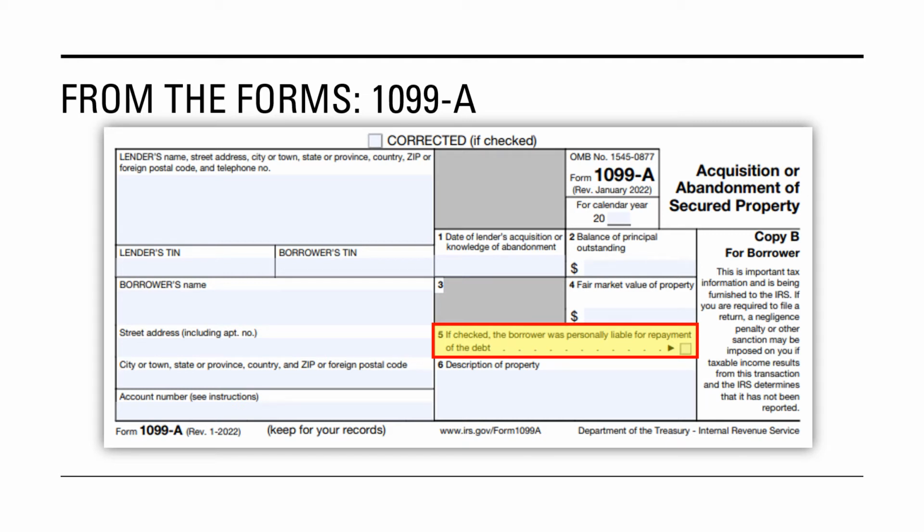So if that's checked, then we know this is a recourse type of loan. The 1099-A really gives us the information about the gain or loss. It doesn't really tell us much about the cancellation of any debt. And we'll talk in a couple of slides about what that means for how we will be reporting things.